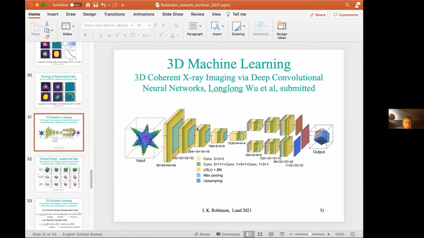So I suspect that there is some similarity. I can't put my finger on it yet, but there's some similarity between this structure and a Fourier transform.